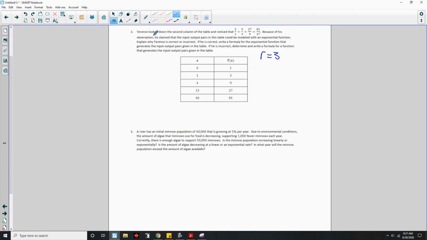Because of his observation, he claimed that the input-output pairs in this table could be modeled with an exponential function. Explain why Terrence is correct or incorrect. If he is correct, write a formula for the exponential function that generates the input-output pairs in the given table. If he is incorrect, determine and write a formula for the function that generates the input-output pairs given in the table.